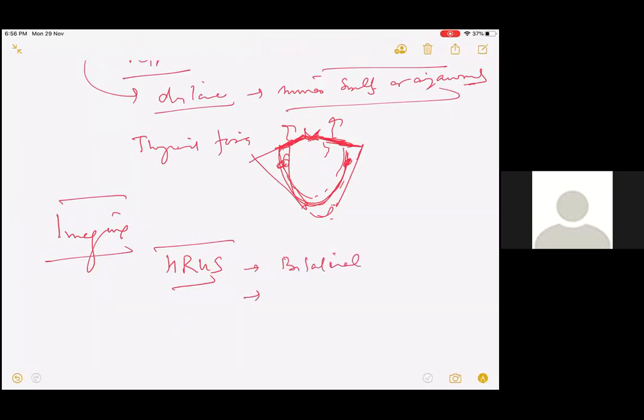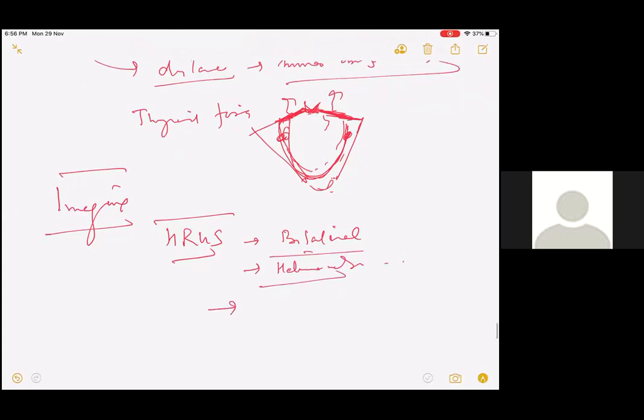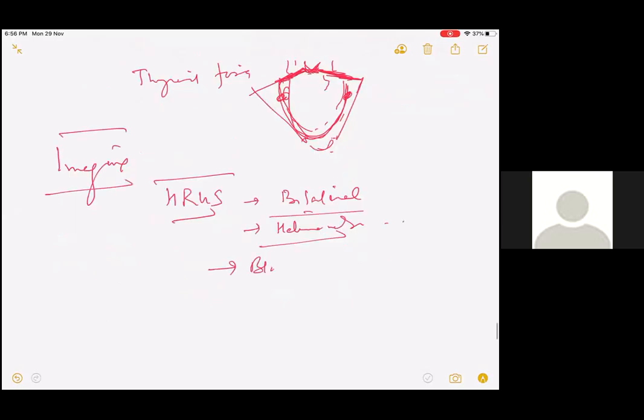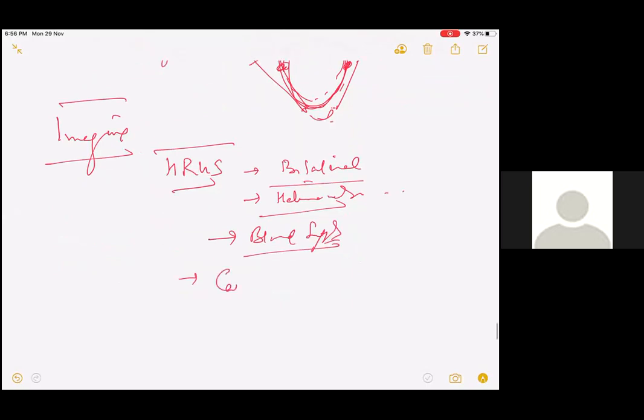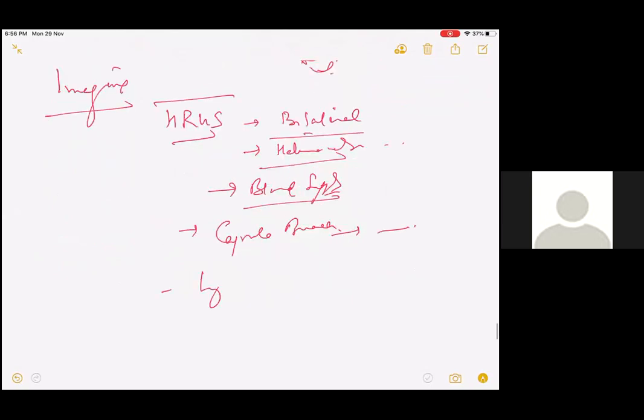It shows whether it's heteroechoic, which means the echogenicity is variable. So that can be suspicious of malignancy. It will tell you whether the blood supply is increased. Suspicious of malignancy. It will show you whether the capsule is breached. Suspicious of malignancy. It will show you lymph nodes.